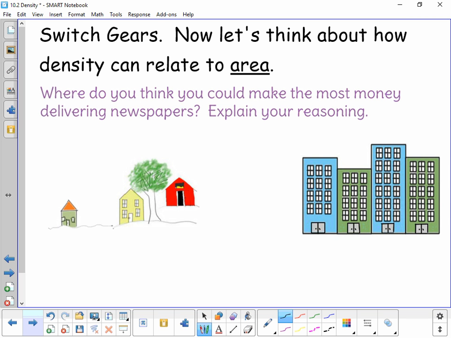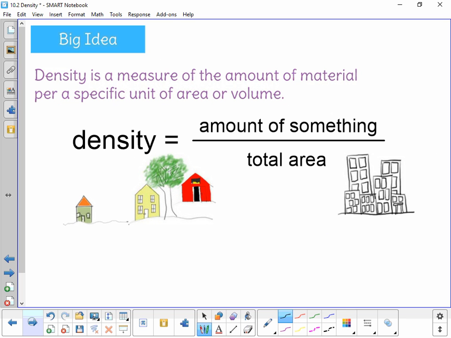So you probably instinctually know that that city is probably going to be more profitable for the paper delivery person. And this has to do with density. This little rural area is much less dense, less people per square mile, and this city would be much more dense, many more people per square mile there.